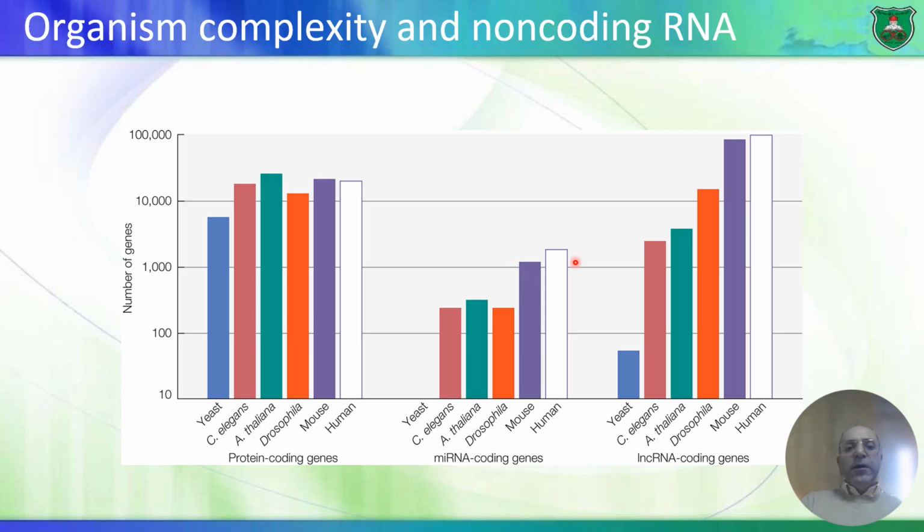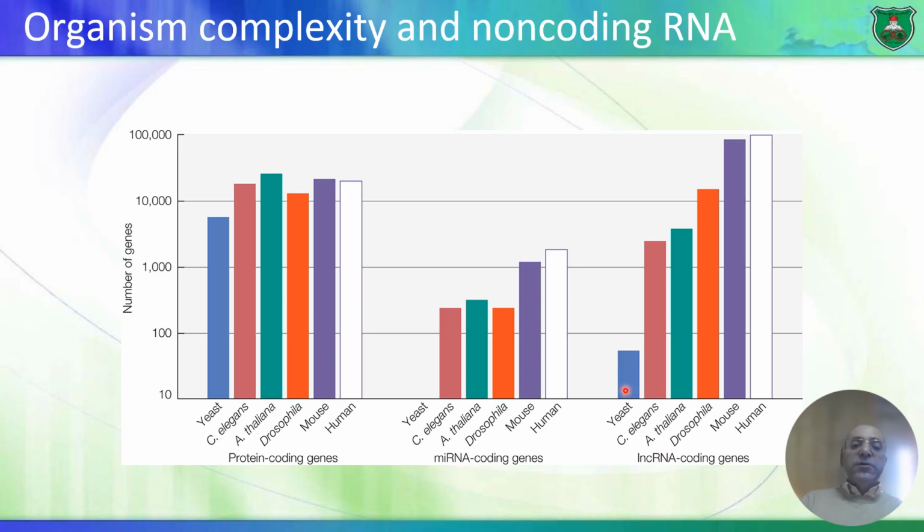in humans and mice compared to primitive organisms, such as Drosophila, which is fruit fly, C. elegans, the worm that I keep talking about. Yeast doesn't have anything, no microRNA whatsoever. Look at the long non-coding RNA.